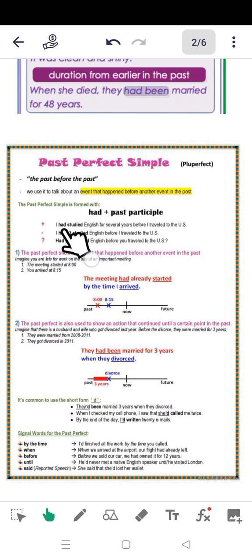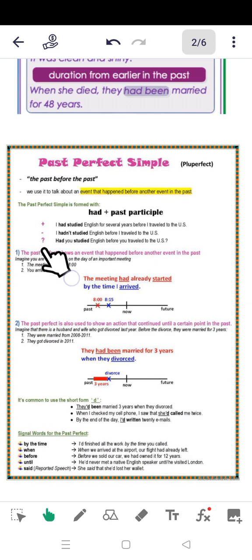The negative form of had studied is hadn't studied. We add not to the verb had. I hadn't studied English before I traveled to the US. We do not add or change the verb 3, the past participle of the verb.